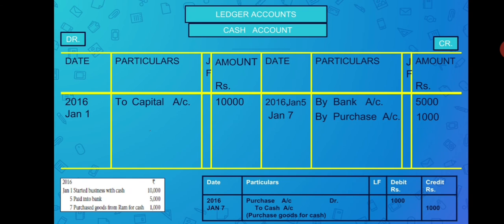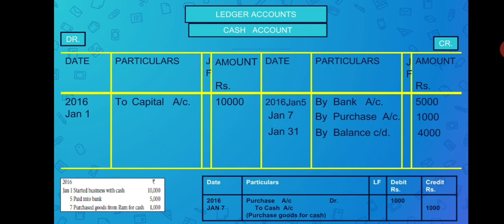Okay, monthல last dateல entry பண்ணணும். அப்போ ஜான்வரியோட last date என்ன? January 31st. Okay, then you want to write by balance carry down. So this is the balance which you are having. So we are writing it as by balance carry down. What is the amount? 4,000.